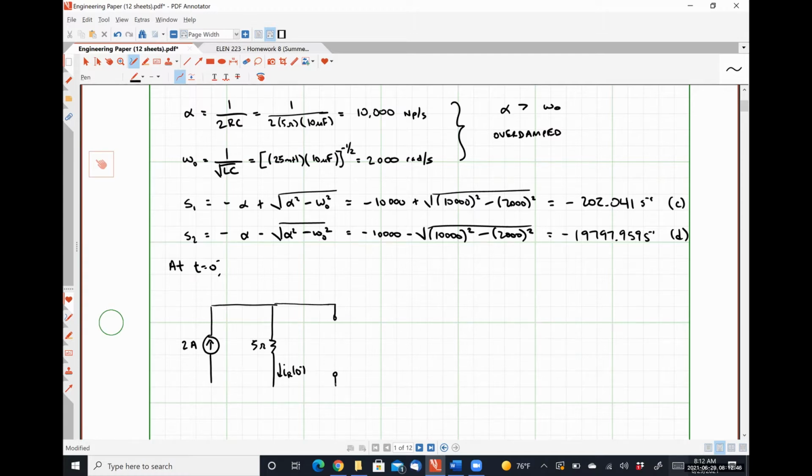Since we're before the switch has changed states, we are at DC steady state, so the capacitor is going to look like an open circuit. Here is our 50 ohm resistor. And then just for the sake of argument, this is where my inductor would be, but it's not actually connected at that topmost terminal.